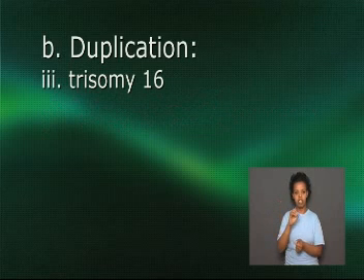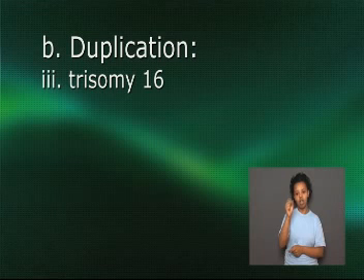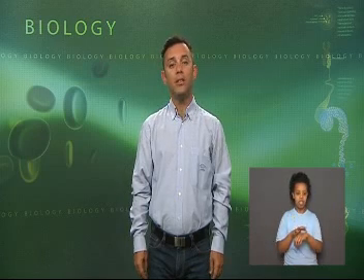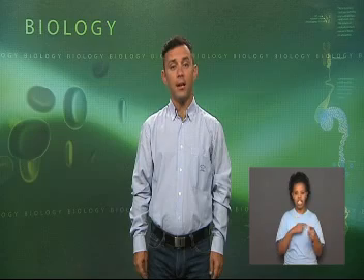Duplication can lead to trisomy 16, which is when someone has 3 copies of chromosome 16. This can cause poor fetal growth, muscular and skeletal anomalies, congenital heart defects, and underdeveloped lungs.